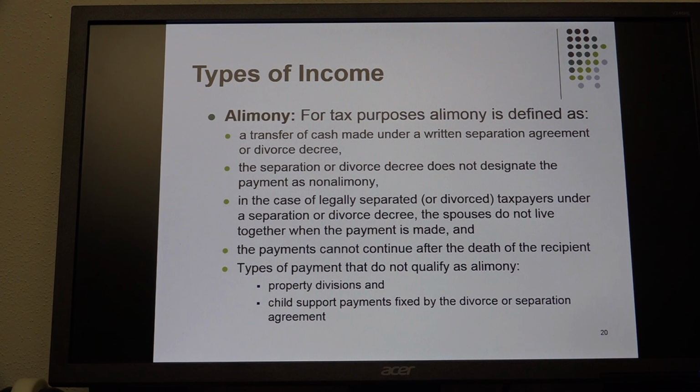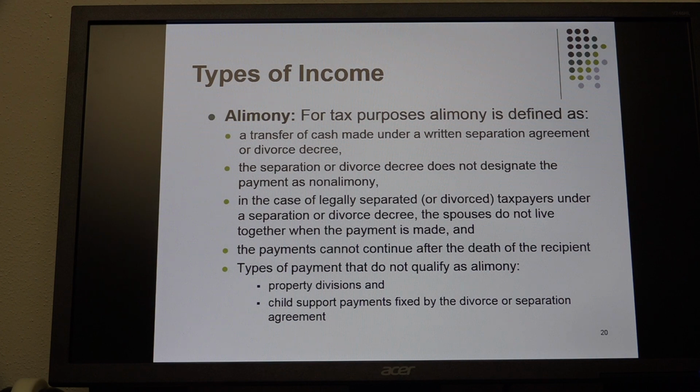Okay? So we'll talk about both types of alimony. Alimony paid, alimony received. Here they're talking about income, so we're talking about alimony received. If you receive alimony, it is taxable income to you.